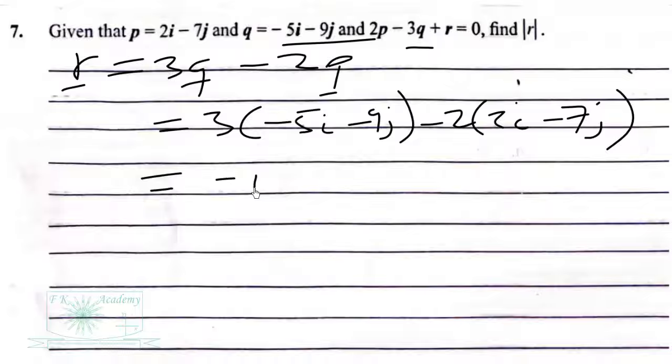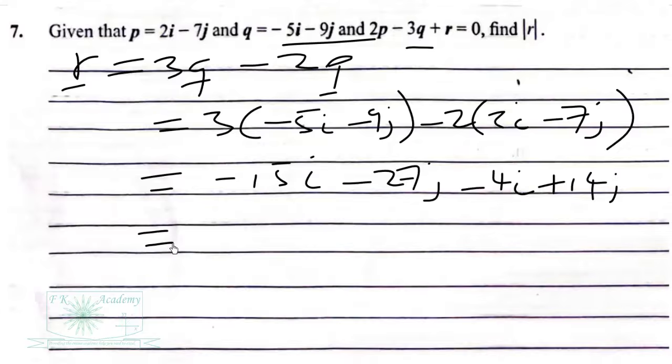So this will give us negative 15I minus 27J minus 4I plus 14J. So this will simplify to negative 19I, and negative 13J.